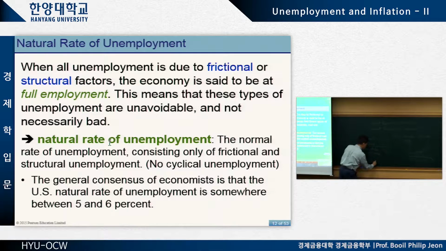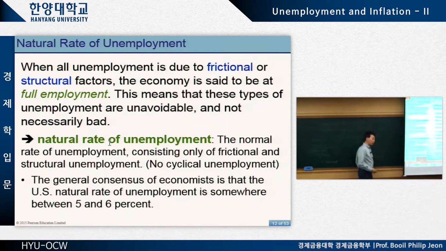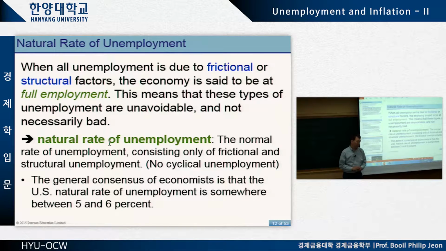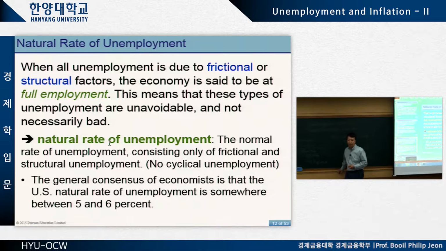So when we say full employment, it doesn't mean we have a zero unemployment rate. Remember that? When we say full employment, we don't mean that everybody is working. Some people are still unemployed, because some unemployment is unavoidable, and those are necessary.